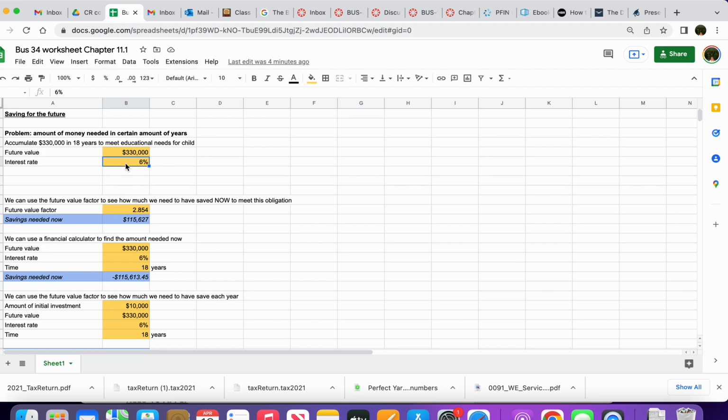There's a couple of ways that we can do this. So in terms of trying to figure out how much we would need to have saved now to meet this obligation, what we can do is take a look at the future value factor for a sum of money being saved at an interest rate of 6% over 18 years.